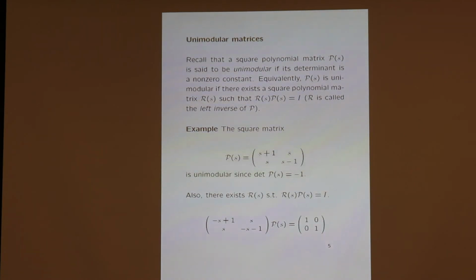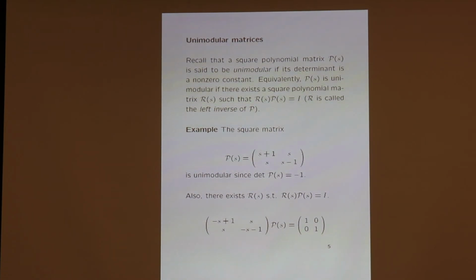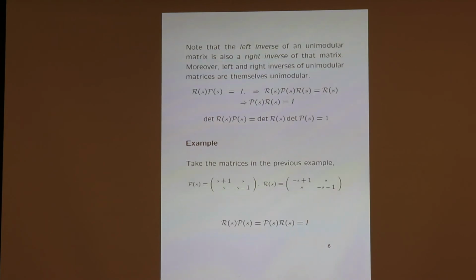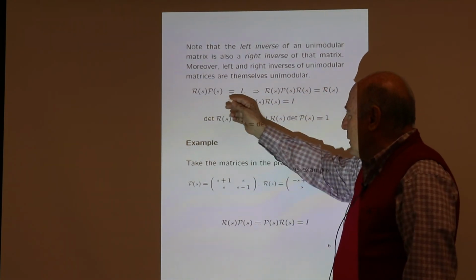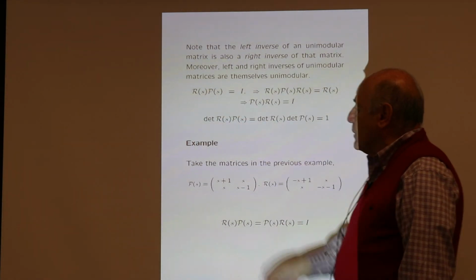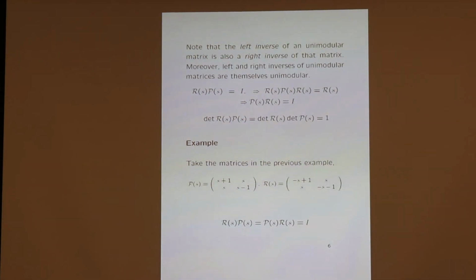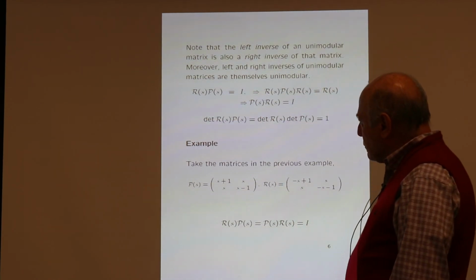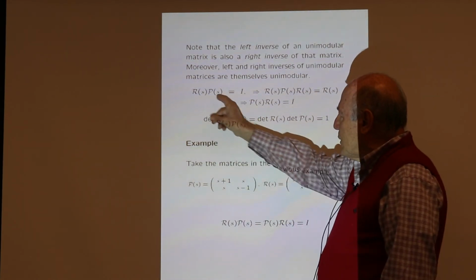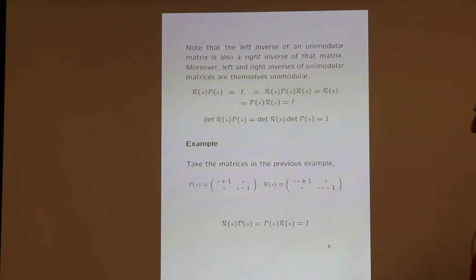The things that we said for left inverses of a unimodular matrix P also apply for the right inverse. So if you have a unimodular matrix P, a left inverse becomes also a right inverse. For instance, let R be the left inverse of P. So the product of these two polynomial matrices is the identity matrix.